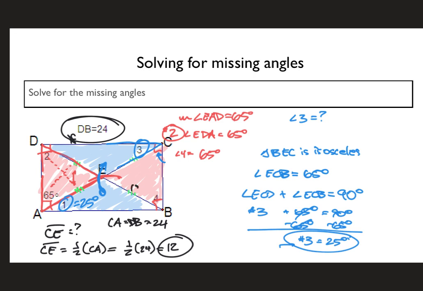So all of these actually would be 12 here. Okay. So there's a lot we can do. We can even use some trig to find out what these side lengths are here, CB, the short sides, and the long sides as well. But we're not going to do that right now.